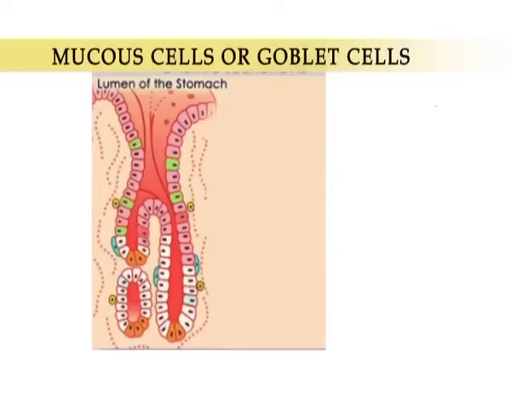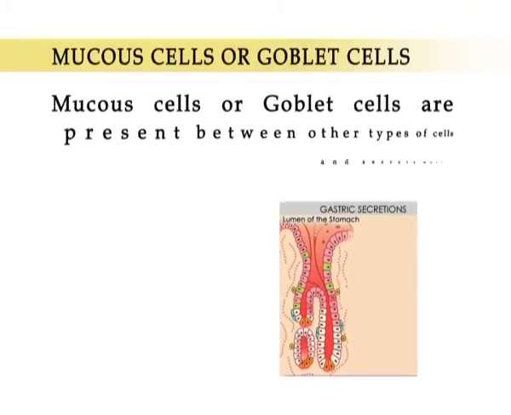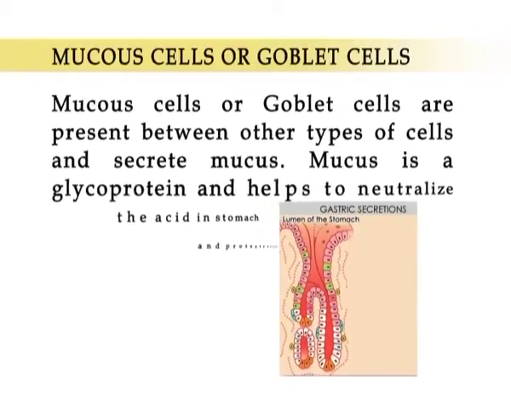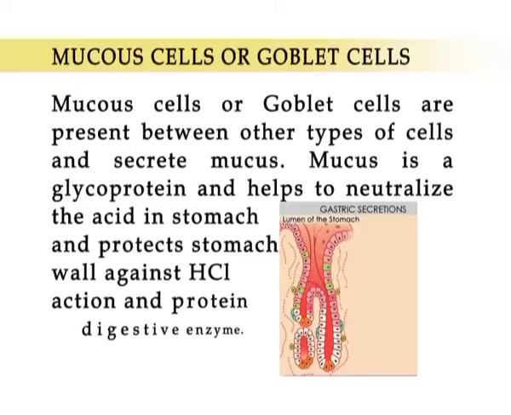Mucous cells or goblet cells are present between other types of cells and secrete mucus. Mucus is a glycoprotein and helps to neutralize the acid in stomach and protects stomach wall against hydrochloric acid action and protein digestive enzyme.